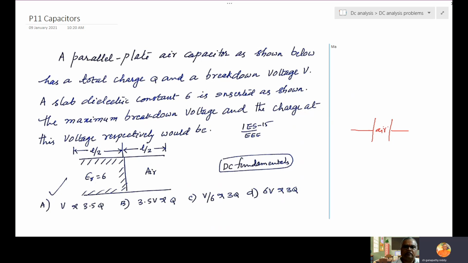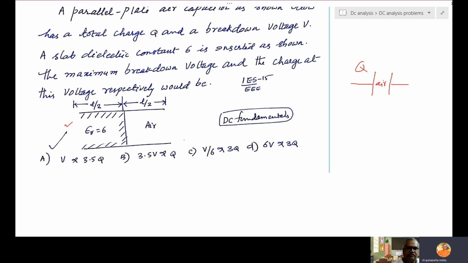Now a slab of dielectric constant 6 is inserted like this, as shown below. So the maximum breakdown voltage and the charge at this voltage respectively would be.